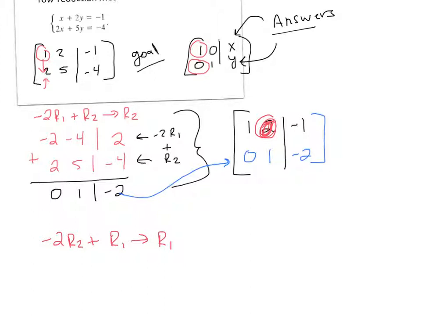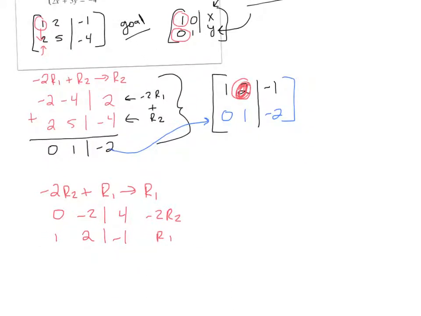Okay, so -2 times row 2 is going to be 0, -2, 4. So this was -2 times row 2. Row 1 is 1, 2, -1. So now I add these guys together, and I get 1, 0, 3.